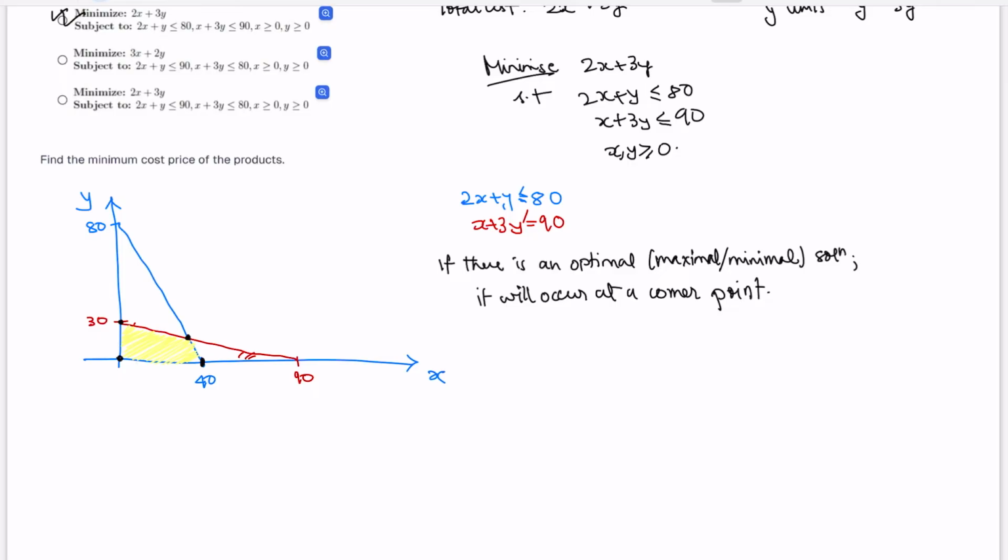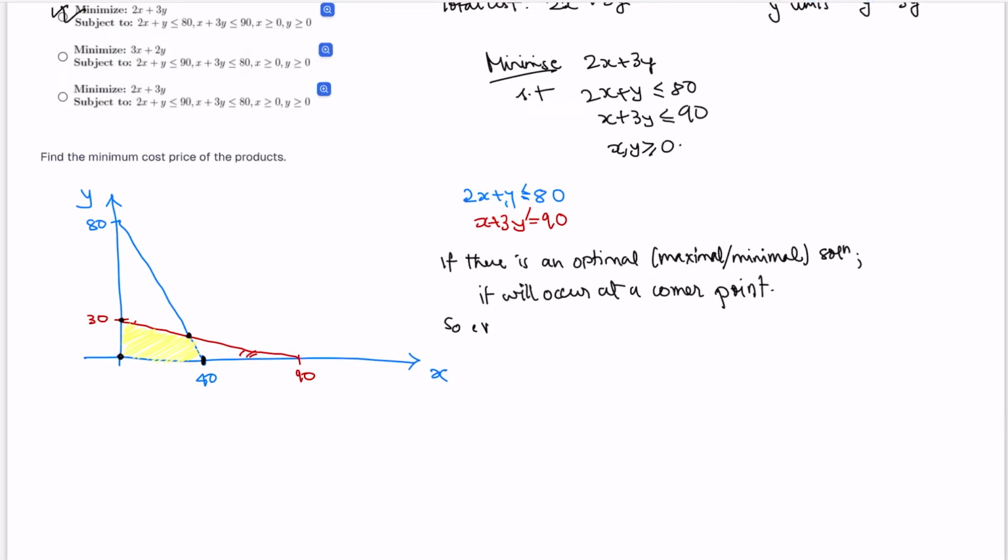I'm not saying that it will only occur at a corner point. It can occur at a non-corner point also, but it will also occur at a corner point. So that is important. If you need more clarity, you can let me know in the comments down below. I can even start another series of lectures on convex optimization, but as of now, that is not required.